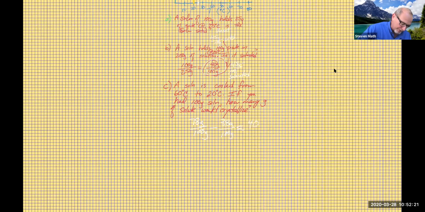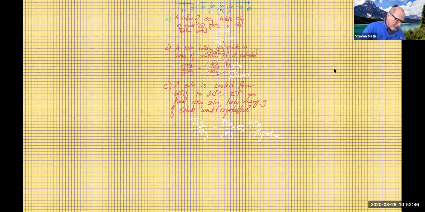And I'm going to give you even the little squiggly equal sign. 40 grams would crystallize. I got to be realistic. We're reading a graph and we're interpreting numbers from that graph. There's got to be a lot of leeway in interpreting these graphs.